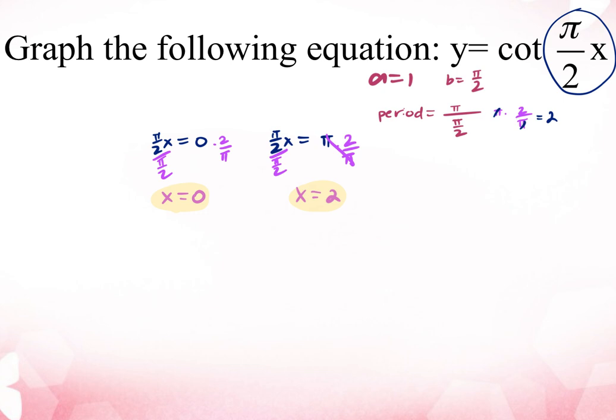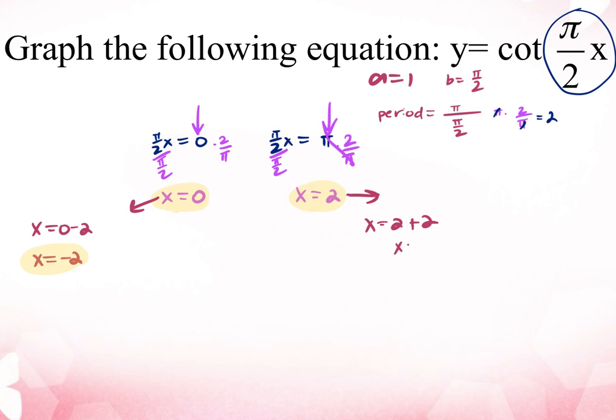Where'd you get the 0 and the pi from? That's what you set cotangent equal to because that's where cotangent's undefined. Oh, okay. So that's what changes between this and tangent. Now, on the left, we're going to subtract the period, which is 2. On the right, we're going to add the period. And I get negative 2 on the left. That's my first asymptote.